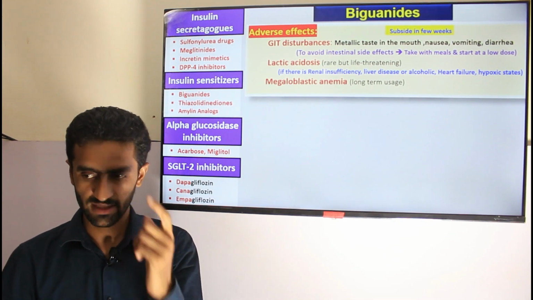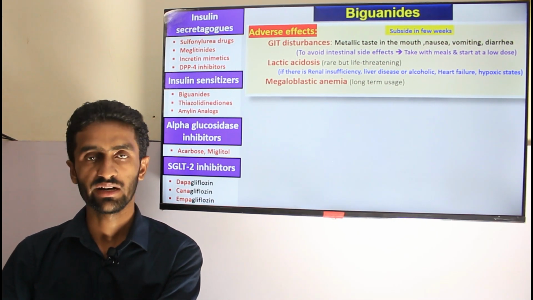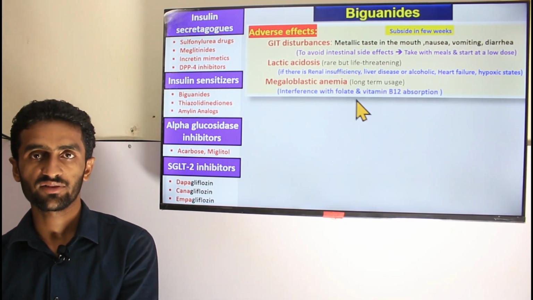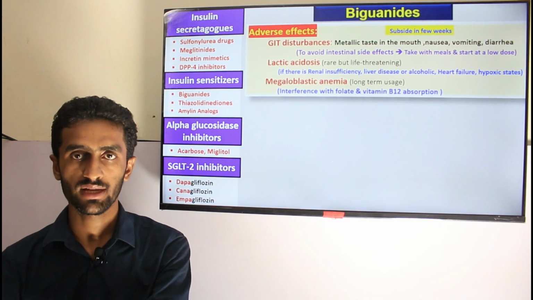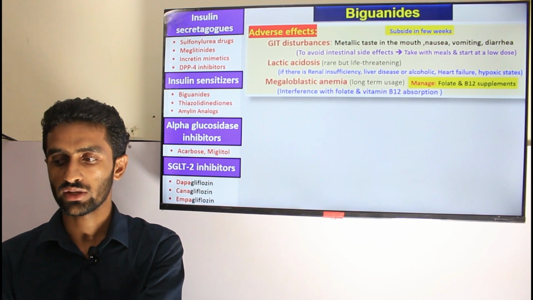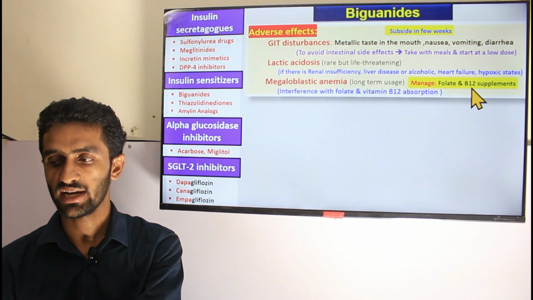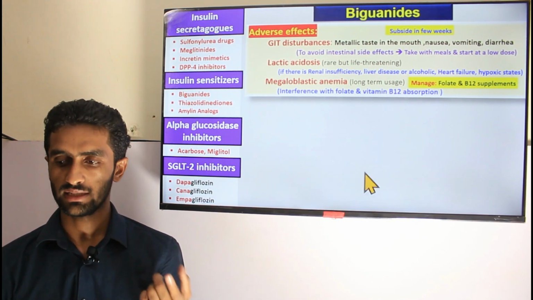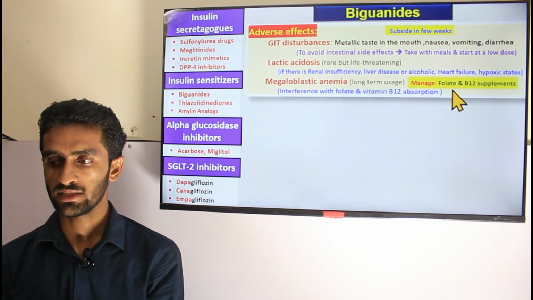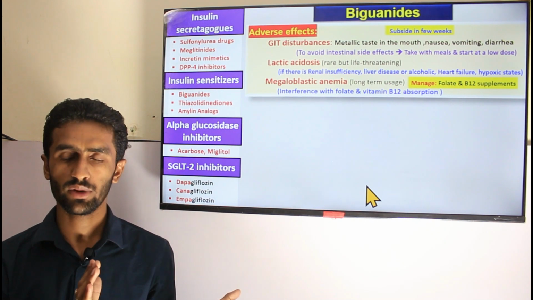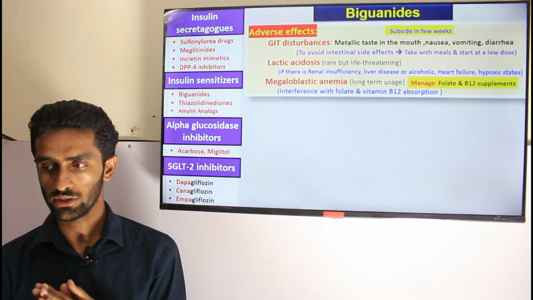One other side effect is megaloblastic anemia after long-term usage, because it interferes with folate and vitamin B12 absorption. If this side effect comes, you can manage it by giving folate and B12 supplements. So overall, these side effects can be managed, and there are a lot of beneficial points associated with metformin use.